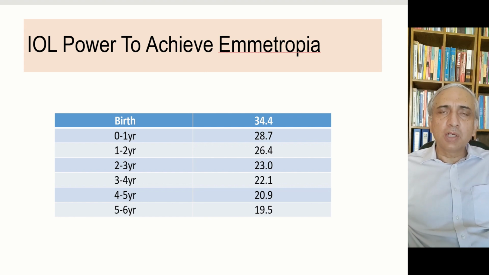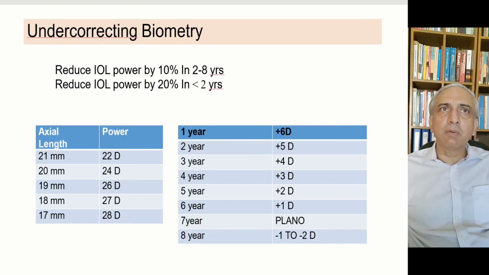The general rule is to reduce IOL power by 10% in 2 to 8 years, and by 20% in less than 2 years. Here you can see if the child has an axial length of 21 millimeters, the power will be 22 diopters in 1 year, so you usually would go according to this chart.